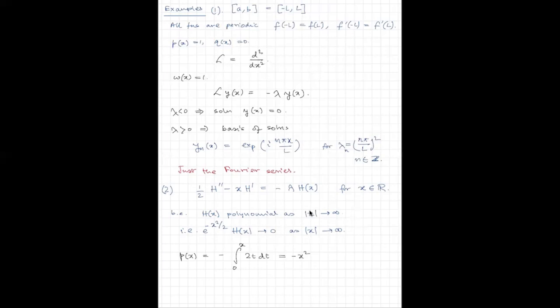Then we can rewrite the above as d dx of e to the minus x squared dh dx equals minus twice lambda e to the power minus x squared h of x.